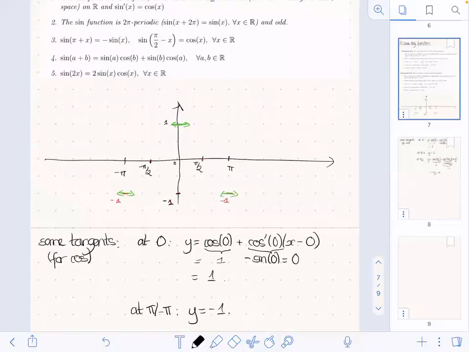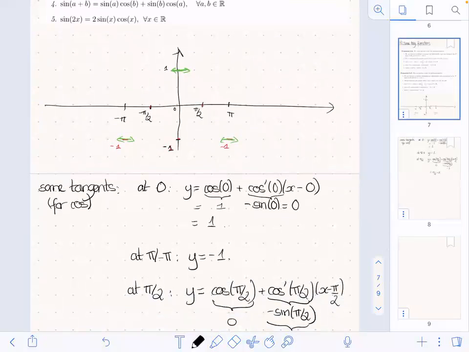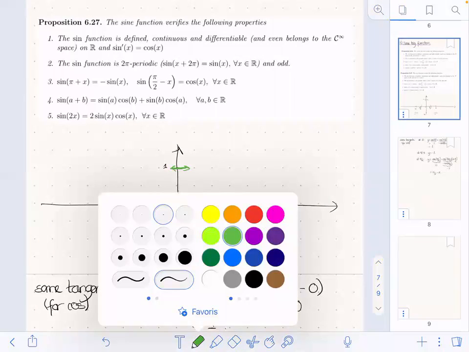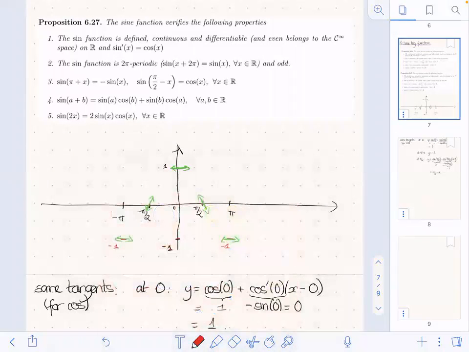So if we have a look at what that means for this drawing, very roughly, we need a curve of slope basically minus 1 there. And due to the fact that the function is even, you can draw the symmetric behavior at minus pi over 2. So if we then try and draw the graph, this is probably going to be a bit messy, but you'll get something like this.